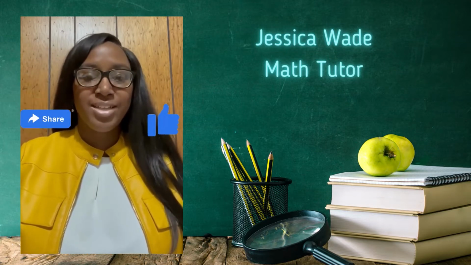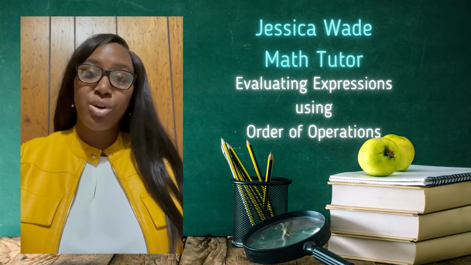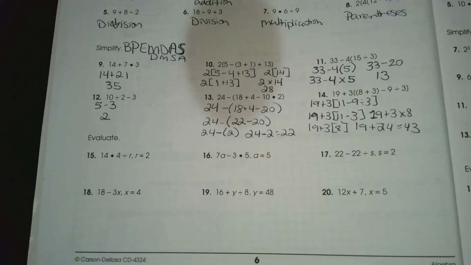Let's get started with today's video, evaluating expressions using the order of operations. In today's video, we will learn how to evaluate expressions and use the correct order of operations. To evaluate means to plug in the numerical value that the alphabetical symbol represents.